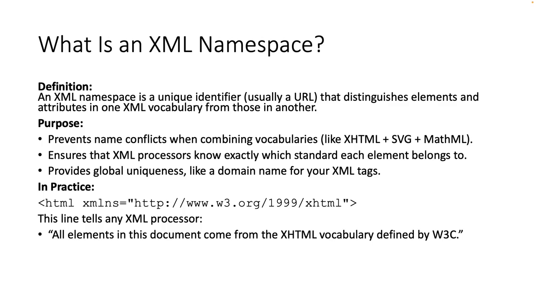It provides global uniqueness like a domain name for your XML tags. In practice, the HTML line with the namespace that we just talked about says in English, all elements in this document come from the XHTML vocabulary defined by the World Wide Web Consortium, or W3C.